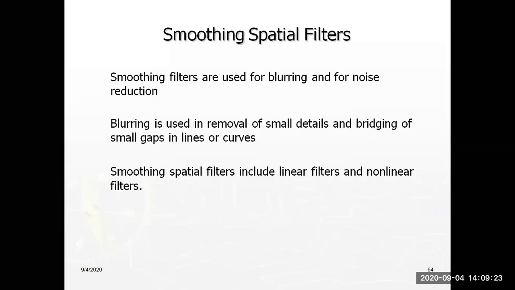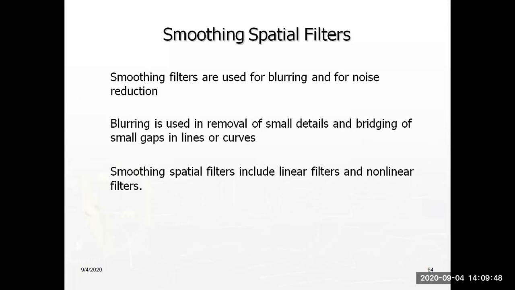Sometimes if your image is damaged, that means there are scratches, and some lines or curves are missing in the image. If you want to fill those gaps, we use one type of filter called a smoothing filter. With the help of smoothing, we can blur the image.